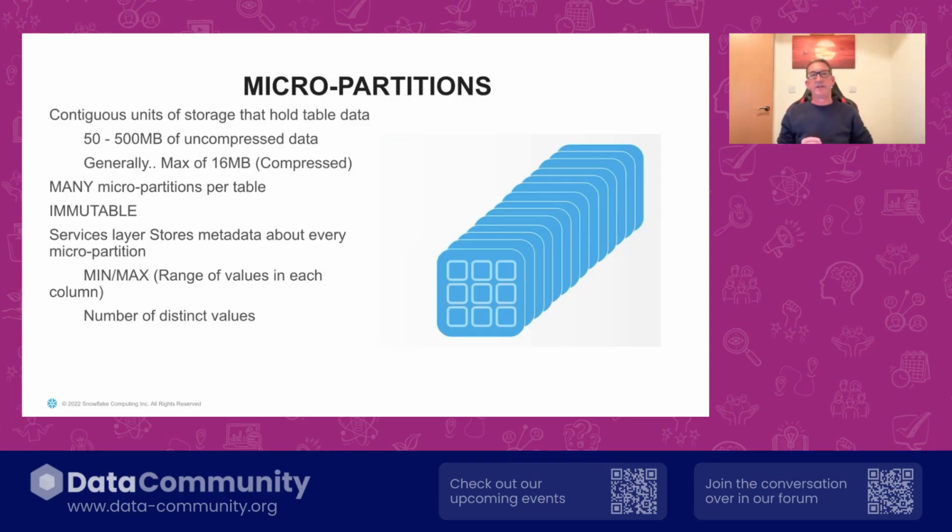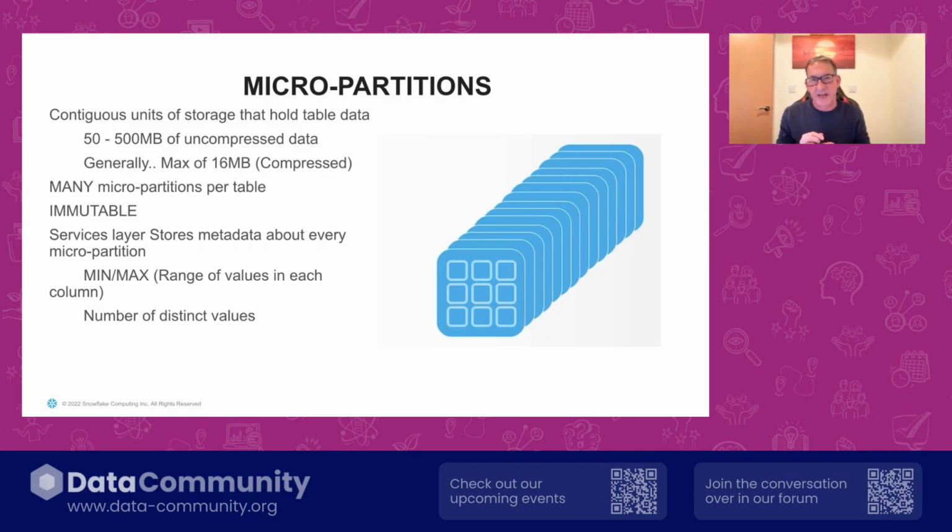So let's take a closer look at micropartitions. They're effectively contiguous units of storage that hold table data, and generally hold 50 to 500 meg of uncompressed data, which generally translates into a maximum of around 16 meg of compressed data per micropartition file.